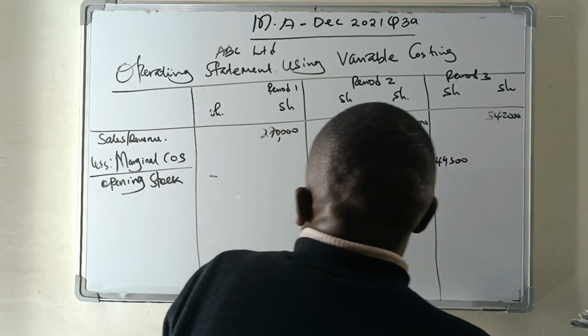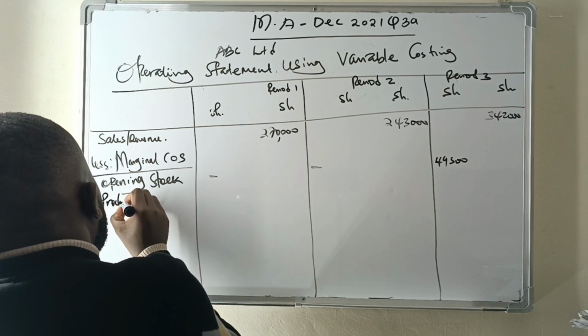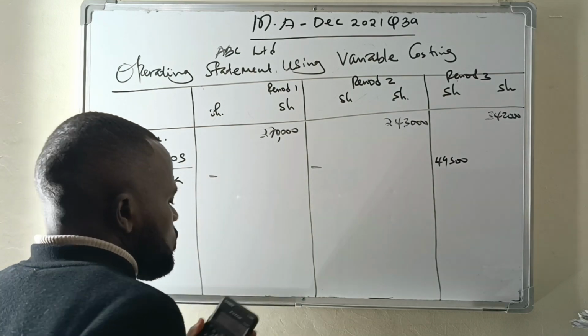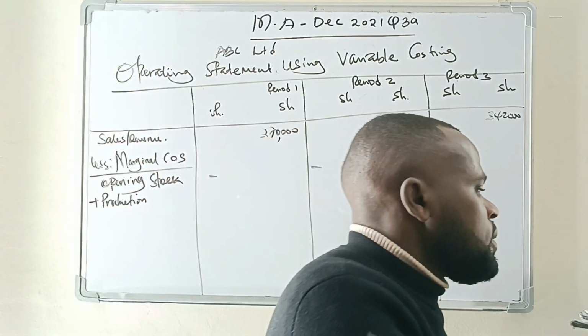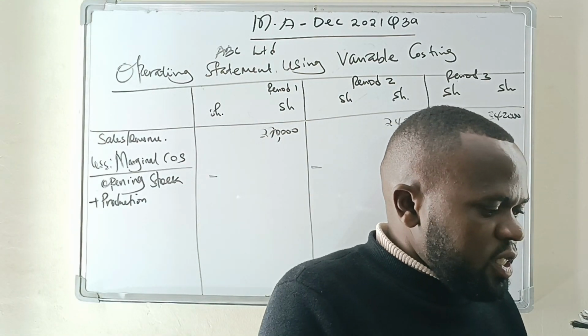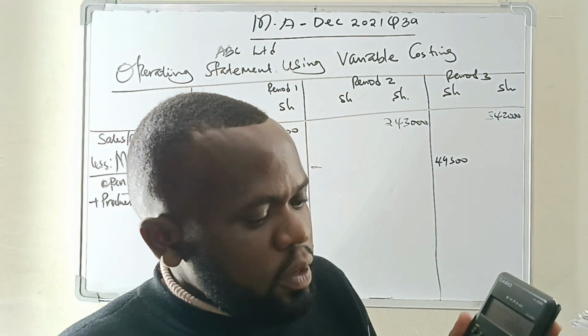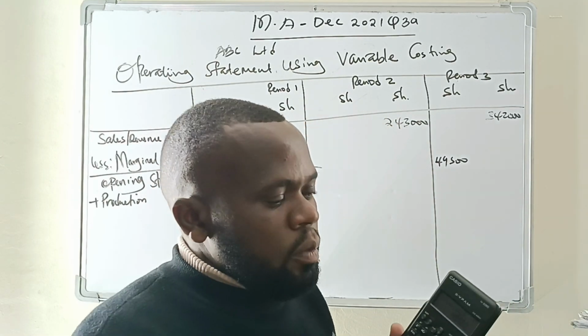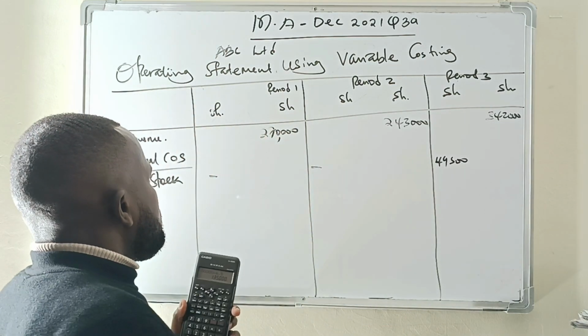Okay. Add production. For production cost, you multiply the 4.5, the cost of producing 1 unit, times the units produced. In period 1, we produced 30,000. We multiply by 4.5, the cost of producing 1 unit under this variable costing method, which is 135,000.